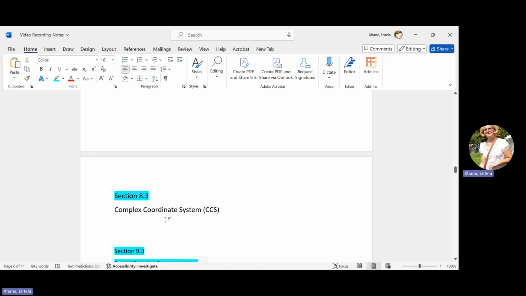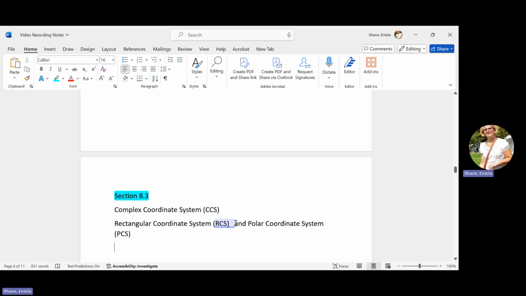The complex coordinate system is more like merging the rectangular coordinate system, known as RCS, and the polar coordinate system, known as the PCS.